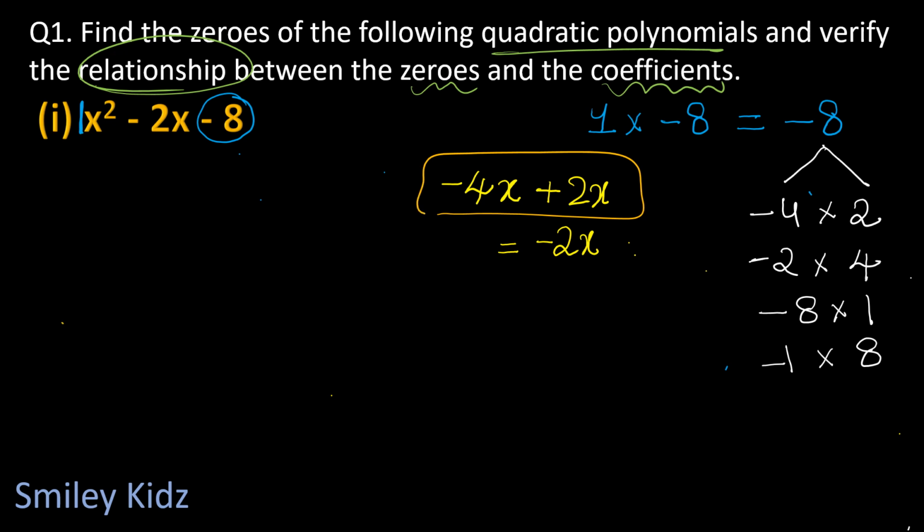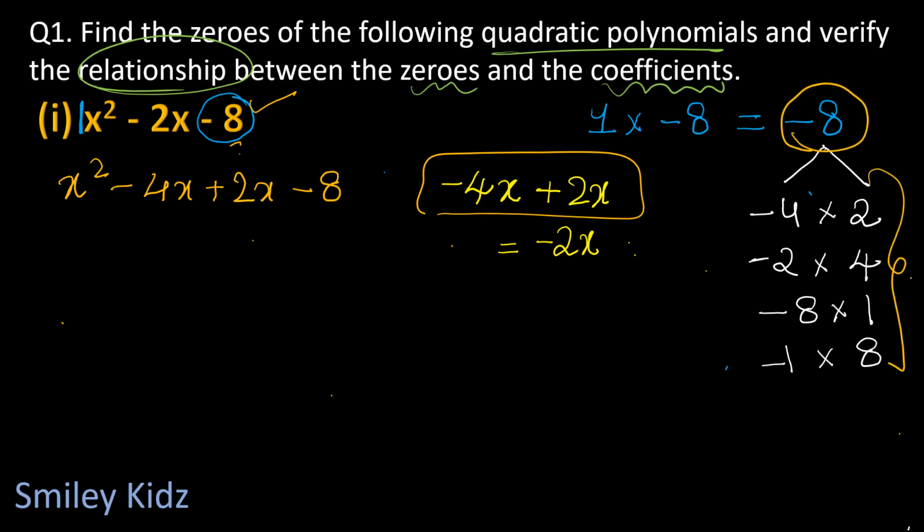So it is x square minus 4x plus 2x minus 8. What have we done? We have just multiplied the constant term with the coefficient of x square, and we acquired the minus 8, and then we found out the factors, and according to the factors we have split the middle term, isn't it?